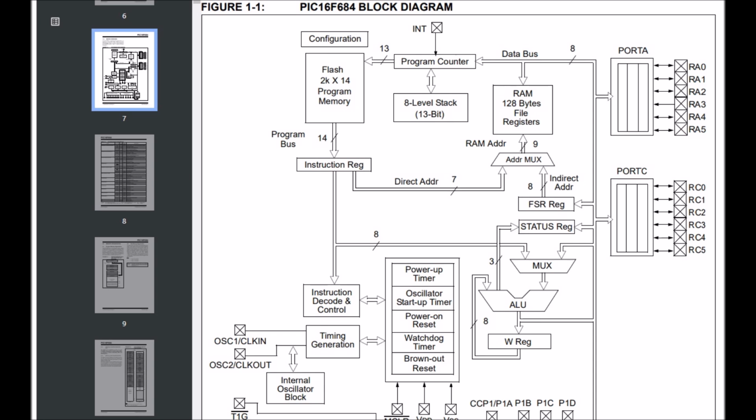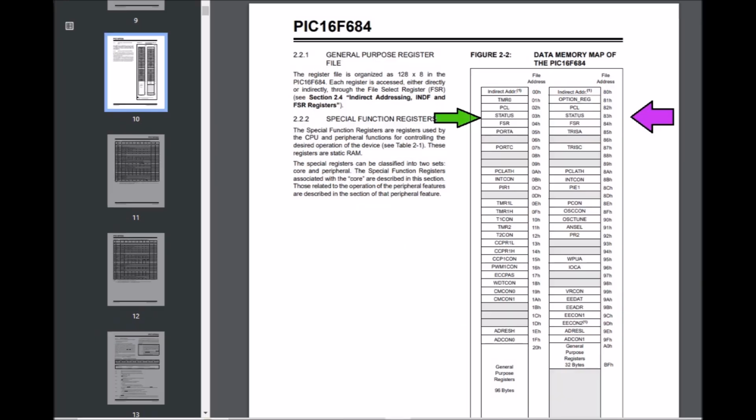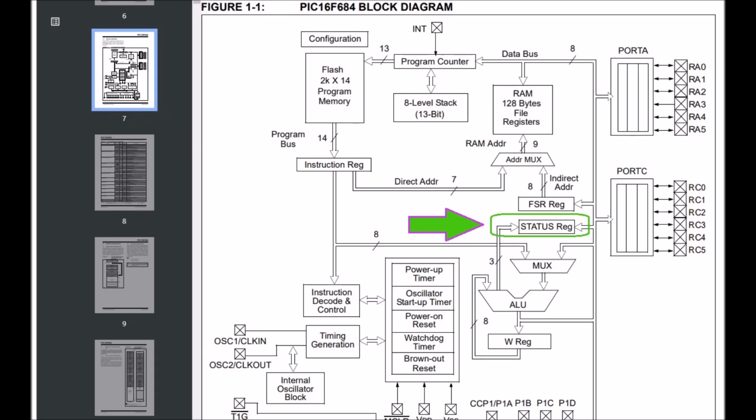Next, let's look at the status register. What is it? What does it do? The status register in the PIC16F684. In this chip, the status register is a special function register, SFR, that plays a crucial role in the operation of the CPU and in every other PIC chip.